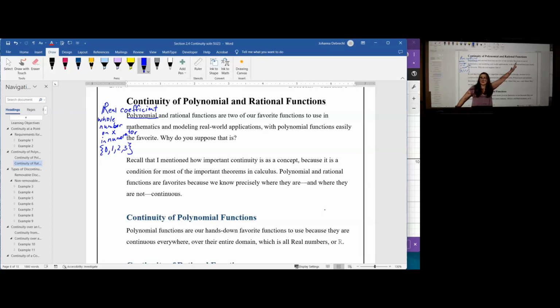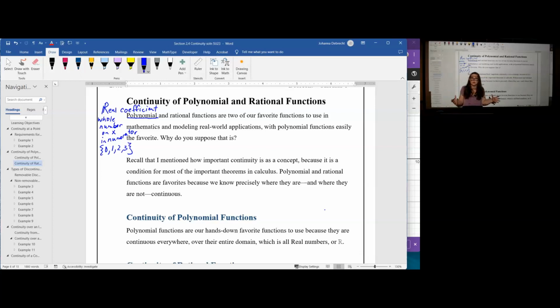Polynomials, again, can include lines that are slanted, horizontal lines, y equals a constant, parabolas, higher degree even power functions, cubic functions, fifth power. Those are your polynomials. We love polynomials because they're continuous everywhere and defined everywhere.